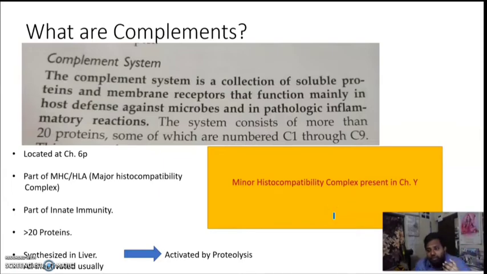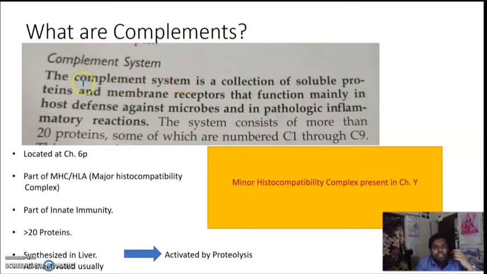Now this innate immunity signals your acquired immunity, and this acquired immunity system creates specific antibodies for that specific antigen. But this complement system is totally undifferentiated. It acts the same against anything.